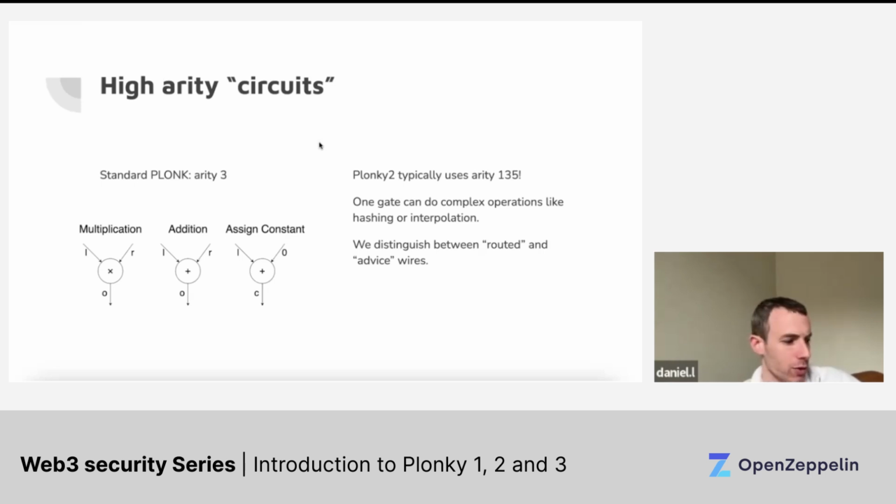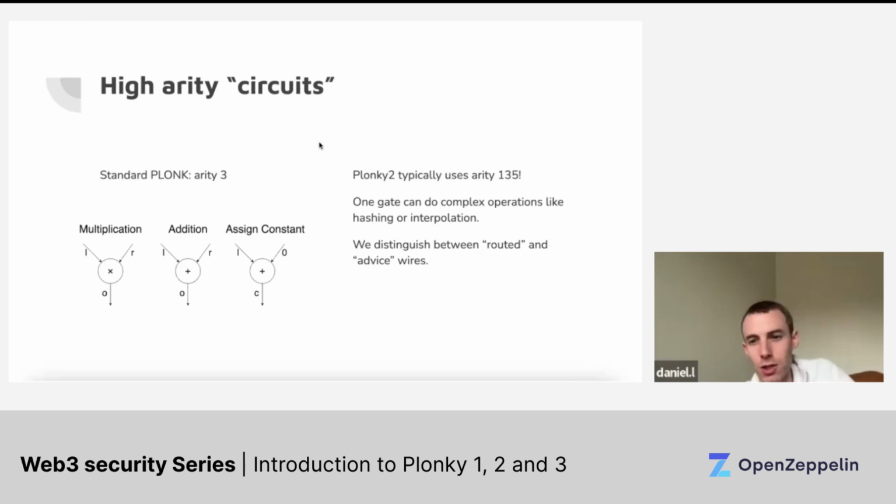There are also cases where we want to do something simple like just a multiplication, and of course it would be really wasteful and inefficient to have a gate with 135 wires that's only using 3 of them. So what we do there is use what we call SIMD gates or vectorized gates, where we have this multiplication gate, but it really repeats several multiplications.